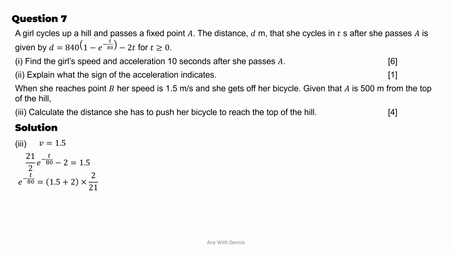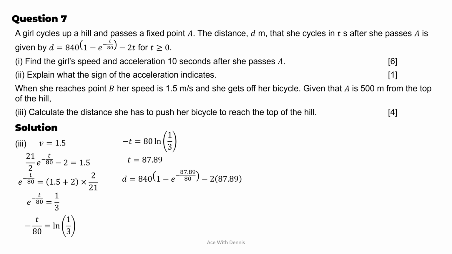So it will be e to the power of negative t over 80 equals bracket 1.5 plus 2 times 2 over 21. So e to the power of negative t over 80 equals 1/3. We ln both sides, we get negative t over 80 equals ln 1 over 3. So negative t will be 80 ln 1 over 3, and t is 87.89 seconds.